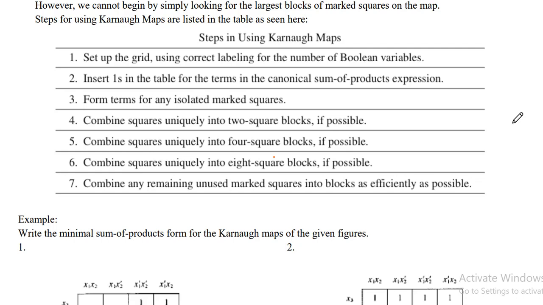Insert ones in the table for the terms in the canonical sum of products expression. Form terms for many isolated marked squares, combine squares uniquely into 2 square blocks if possible, or 4 or 8 square blocks. Combine any remaining unused marked squares into blocks as efficiently as possible.